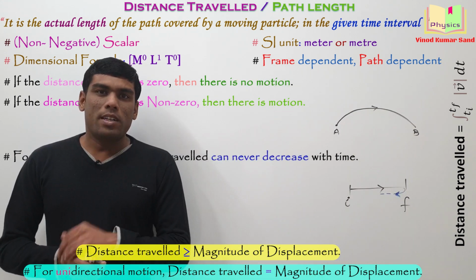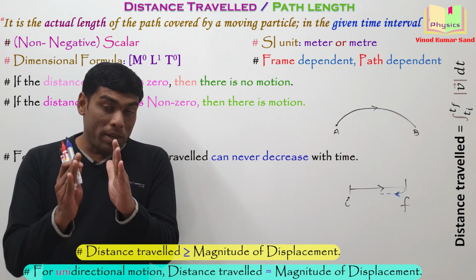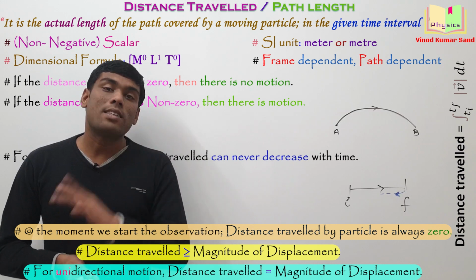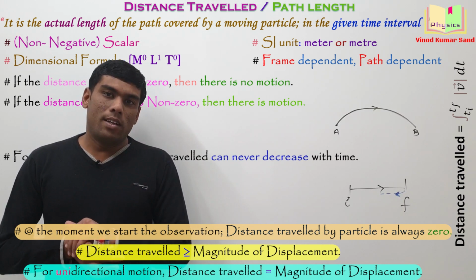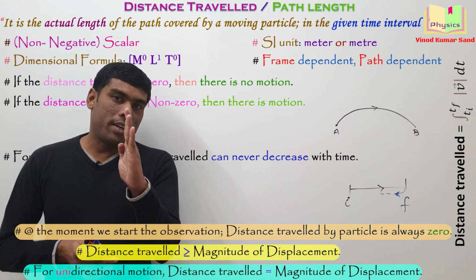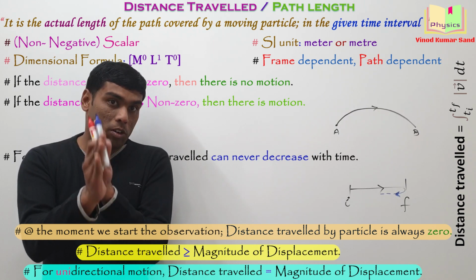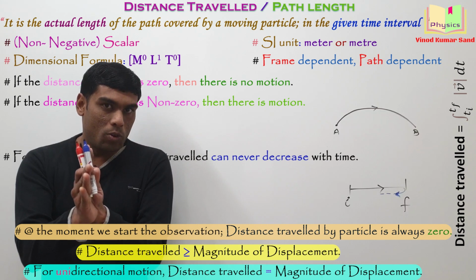Last important point. The moment we start the observation, at that moment, the distance traveled by the particle is always 0. For example, I am sitting on the platform and then I watch your train. The moment I see your train, at that moment for me, the distance traveled by your train is 0 only.